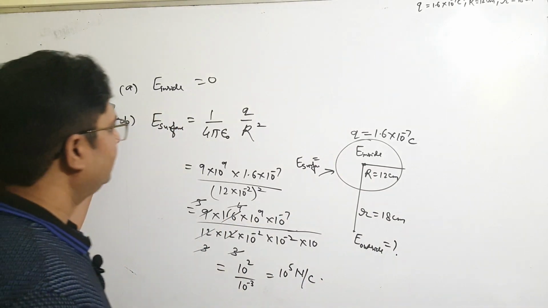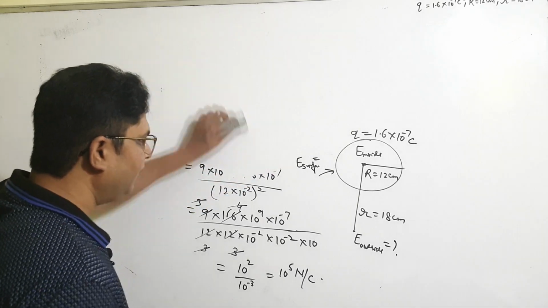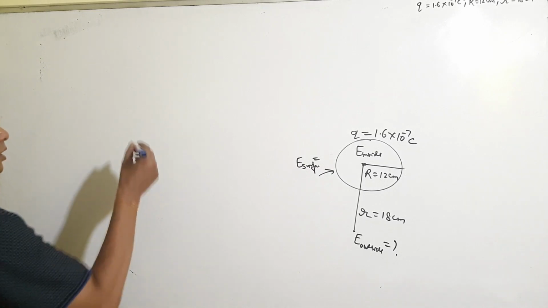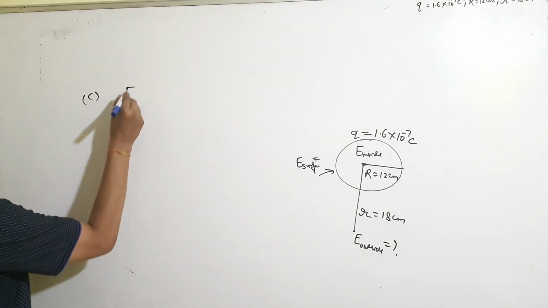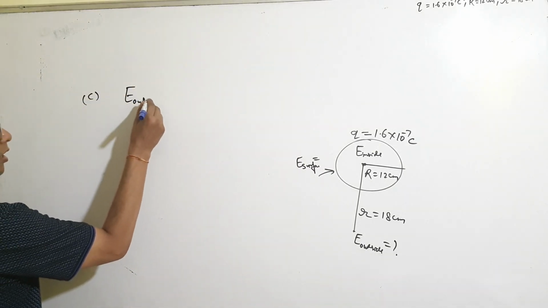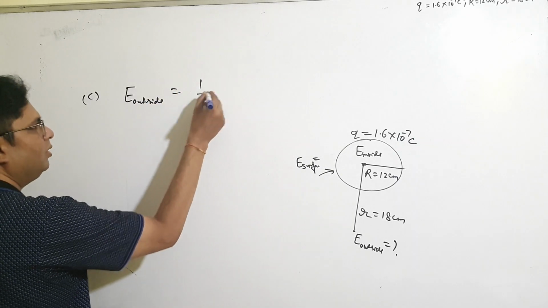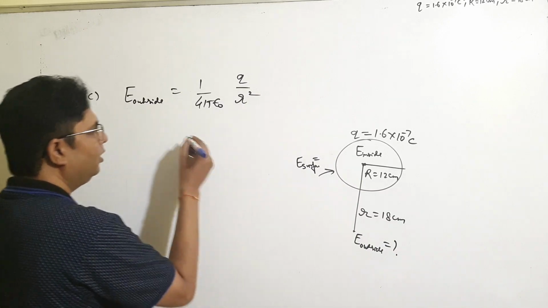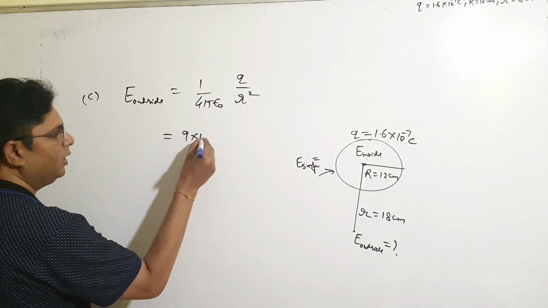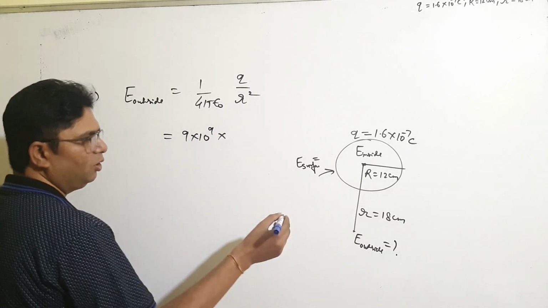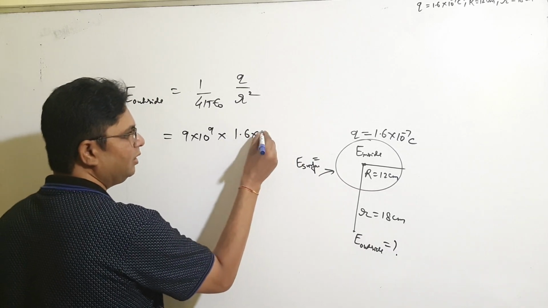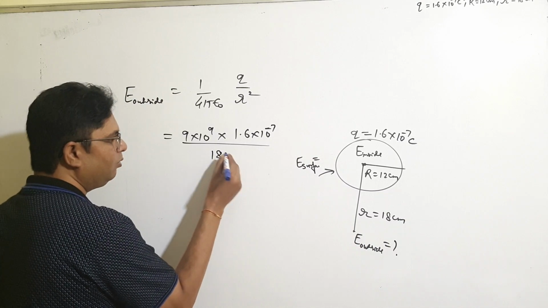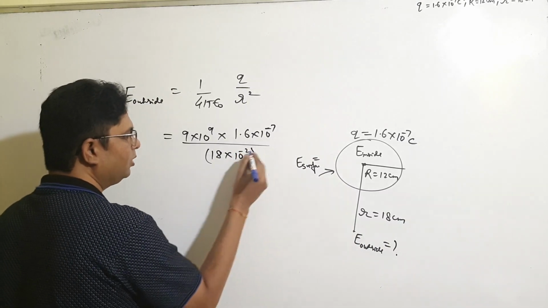Let us find the next part, that is electric field 18 centimeter outside the charged shell. So part C, electric field E outside is equal to 1 by 4 pi epsilon naught, Q upon r square. So this is equal to 9 × 10 to the power 9 and Q is 1.6 × 10 to the power minus 7. Here r is 18 × 10 to the power minus 2 whole square.